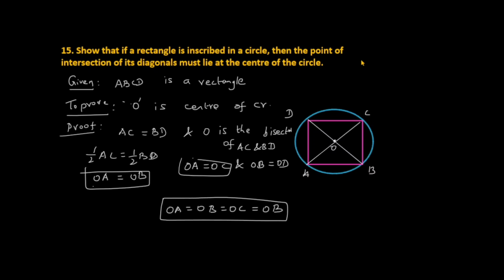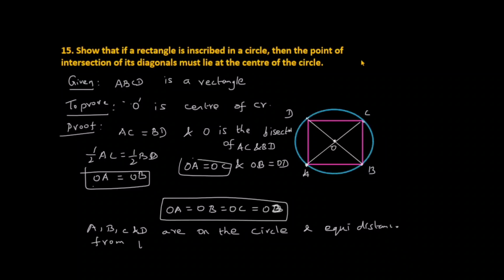So A, B, C, D, all four points are on the circle and equidistant from the center.